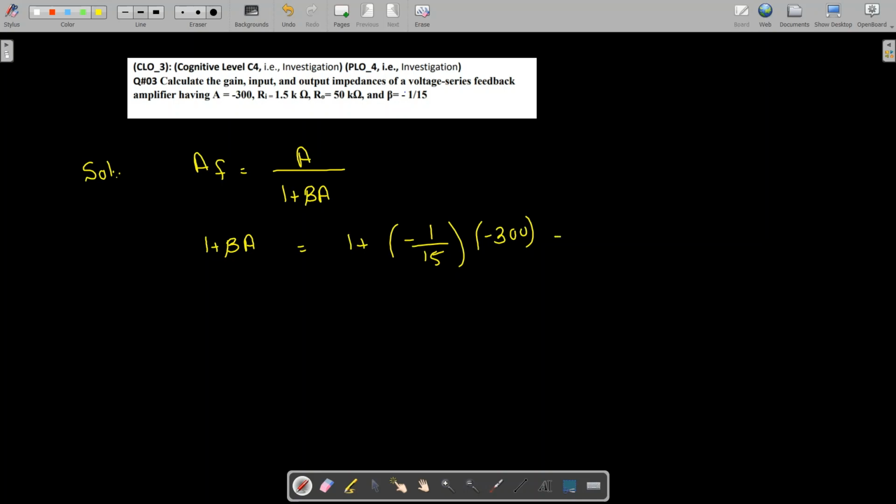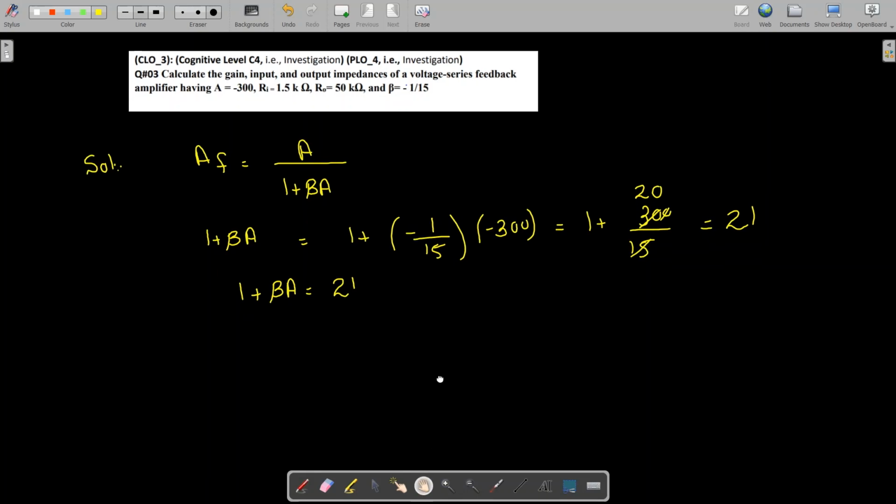So this is equal to 1 plus 300 divided by 15, and 300 divided by 15 is 20, because 15 twos are 30 and the 0 is over here. So 20 plus 1, we are going to have 21. So this factor 1 plus beta A has been found, and that is equal to 21.